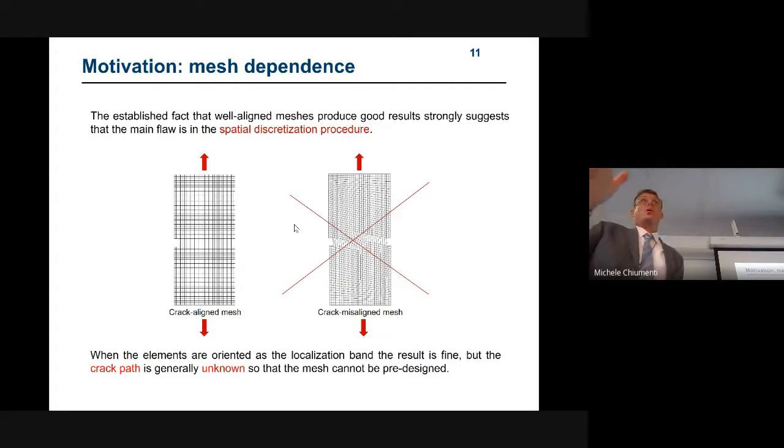Just to give you a small example, if you want to do this very easy test, this uniaxial tensile test, and you use a Cartesian mesh oriented this way, where you expect, using a Rankine model, for instance, to break here, you get a perfect solution.